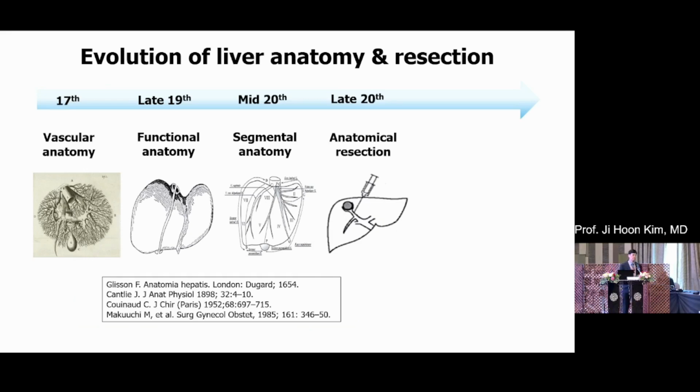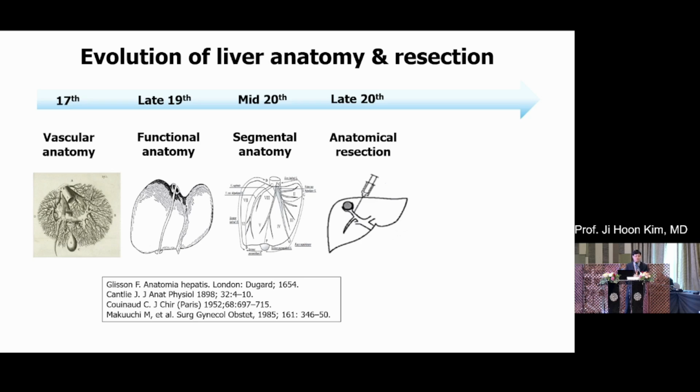To wrap up my presentation, the evolution of liver anatomy and anatomic liver resection is as follows. In the 17th century, vascular anatomy by Glisson, and in the late 19th century, functional anatomy by James Cantlie. In the mid-20th century, functional and segmental anatomy by Couinaud.